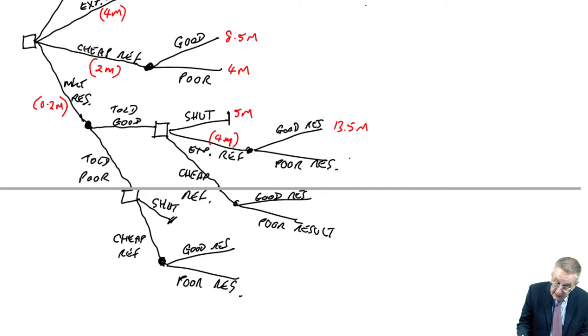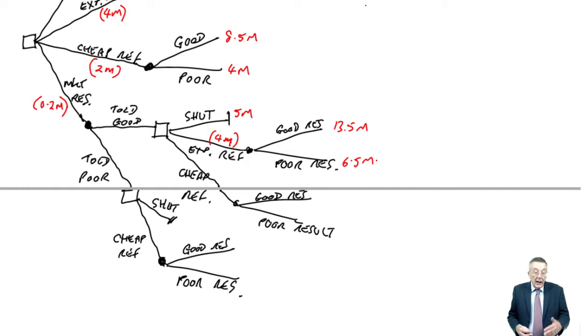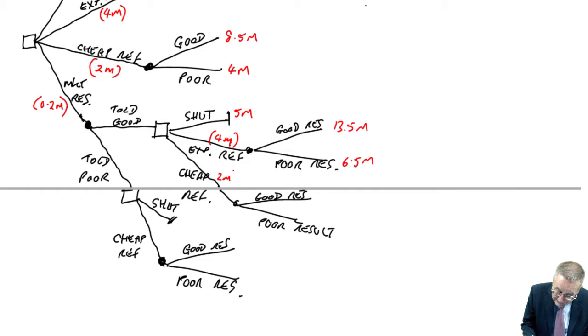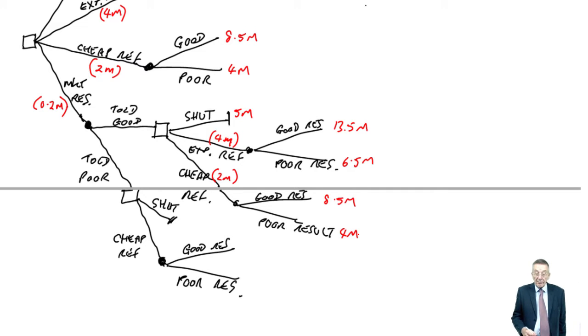If it gives a poor result, 6.5. If we've done market research, we paid 0.2 million, but if we then decide to do the cheap refurbishment, we'll pay out 2 million. And we get back 8.5 million or 4 million. So now we know all the various things that can happen there.